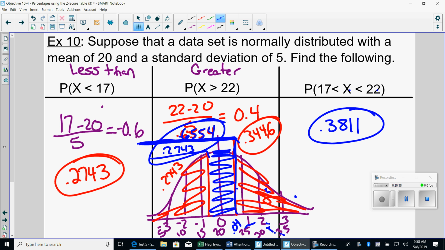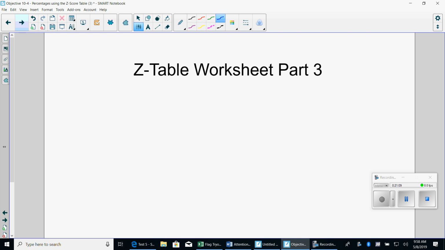So what could you do to figure out the missing piece? You could just add these and subtract from 1. If you knew this was 27% and this is 34%, could you not just add them and then subtract from 1, or 100 if you're doing percentages, and get the missing piece? You could have done that.